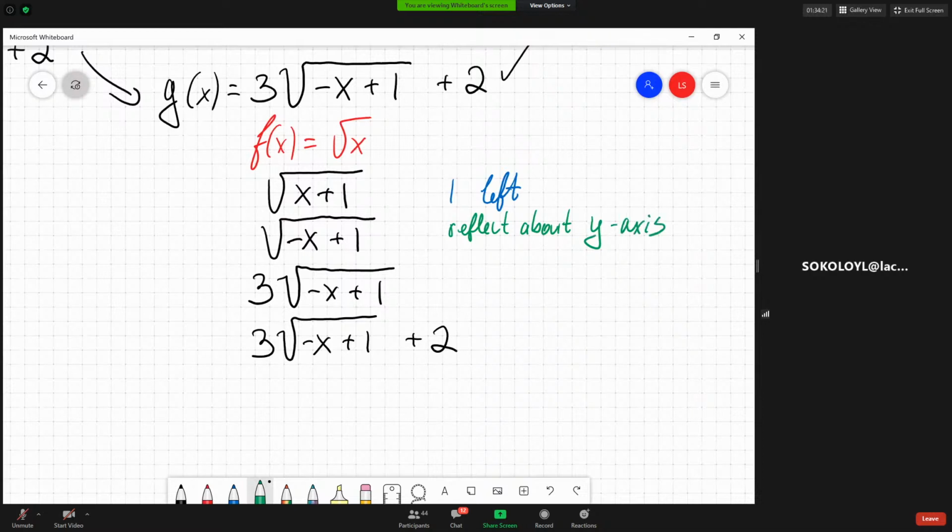Then I have times 3 outside of the function. Again, times 3 outside of the function means I am doing a vertical flex by a factor of 3. And finally, plus 2. That tells me I am going, I don't think I have any more colors to use here. Let's see, can I do more colors?